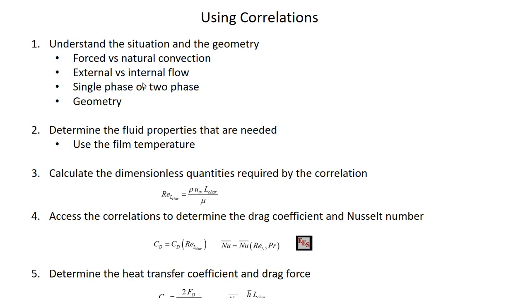Is it an external flow versus an internal flow problem? Am I far enough away from the vapor dome that nothing is going to condense or evaporate, so I'm single phase, or do I need to start thinking about two-phase correlations? And then, of course, what's the geometry? What direction is the flow going, how is it approaching the surface, and what does the surface look like? These are usually pretty obvious, but certainly you need to get that straight in your mind so you can go and get the right correlation.